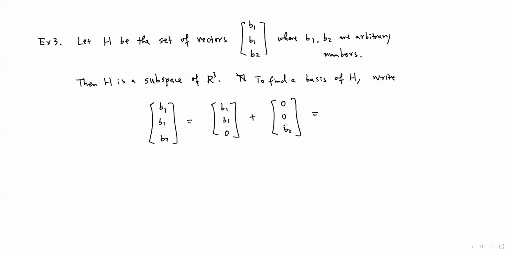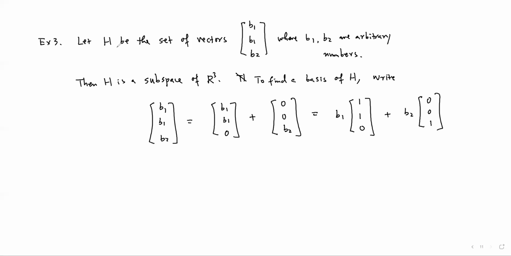Then I take B1 out of the first vector, B1 times 1, 1, 0, and take B2 outside the second vector. Each vector in H is a linear combination of this vector and this vector.